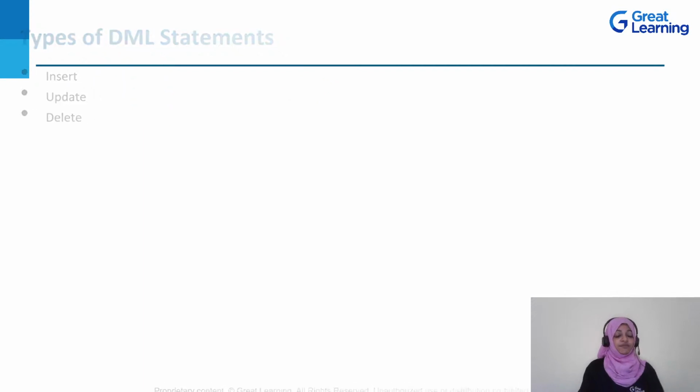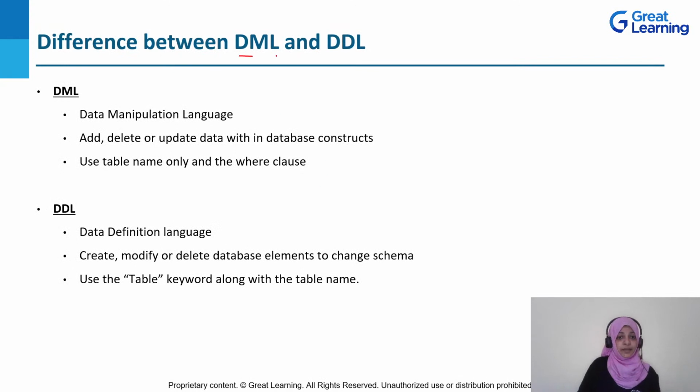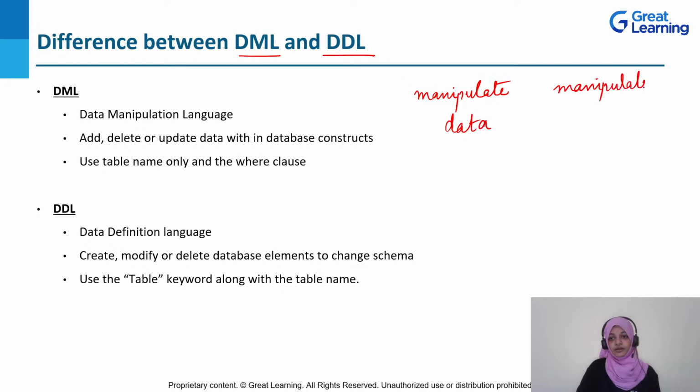Next, let us look very quickly at what the difference is between a DML and a DDL statement, right? So when we look at DML and DDL statements, you will often see a confusing line written that DML statements manipulate data and DDL manipulate data structure.